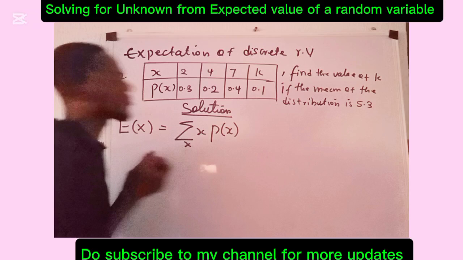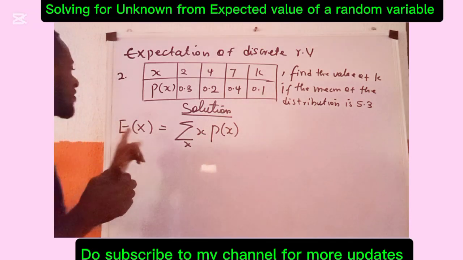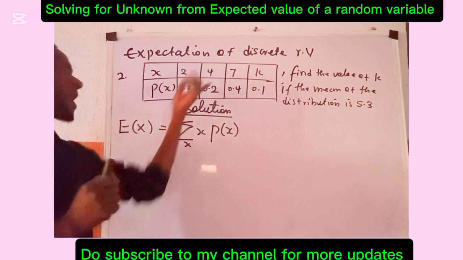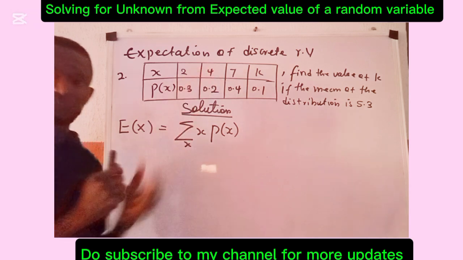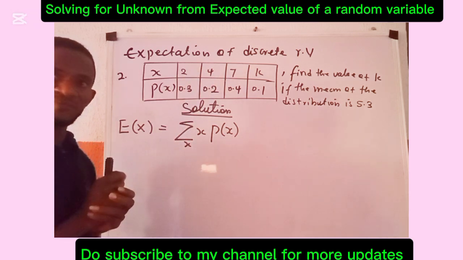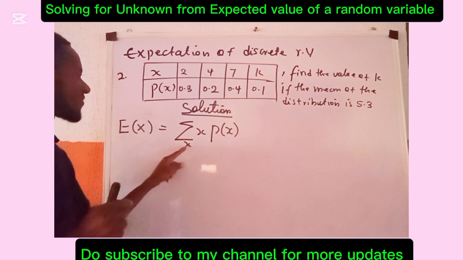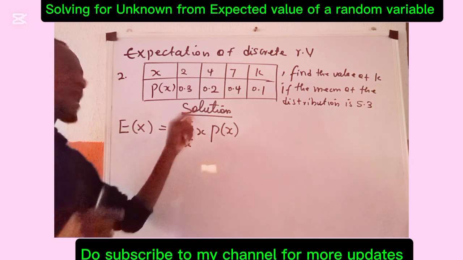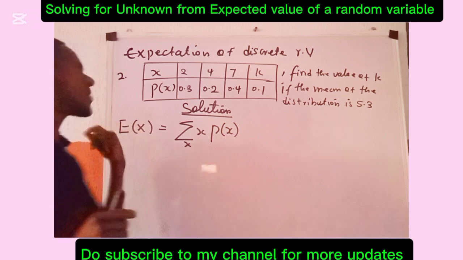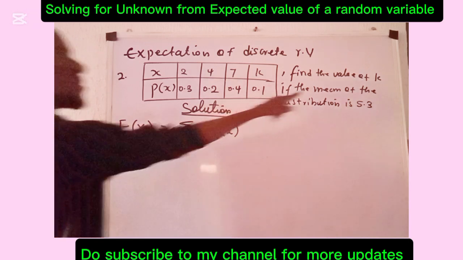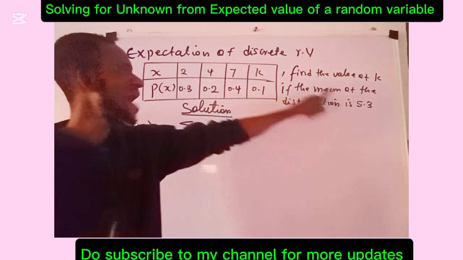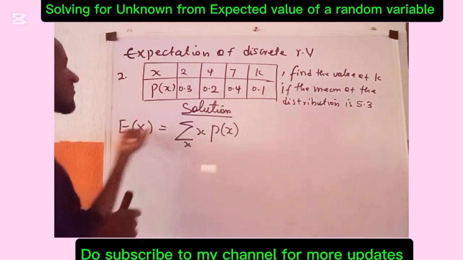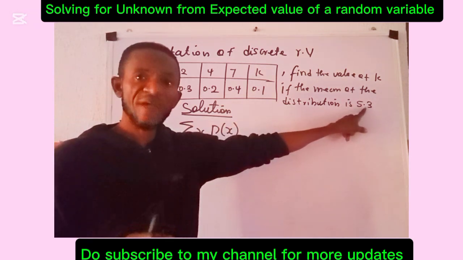That is how to write the formula for the expected value of a discrete random variable, and this is a discrete distribution. Sum over the range of x p of x. And I had earlier said that another name for expected value is the mean. And they gave us the mean to be 5.3. So in place of this expected value, I am free to use 5.3.